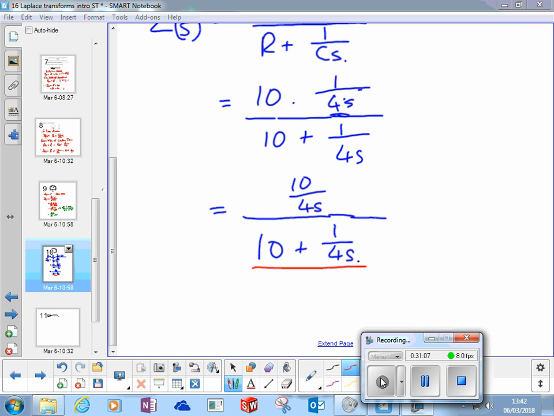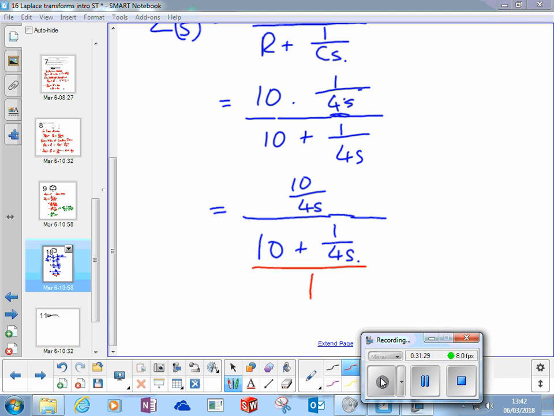And that will still equal 10 plus 1 over 4s. Forget that top line for a minute. What do I put under there? I put 1 under it, won't I? Do you agree with that?